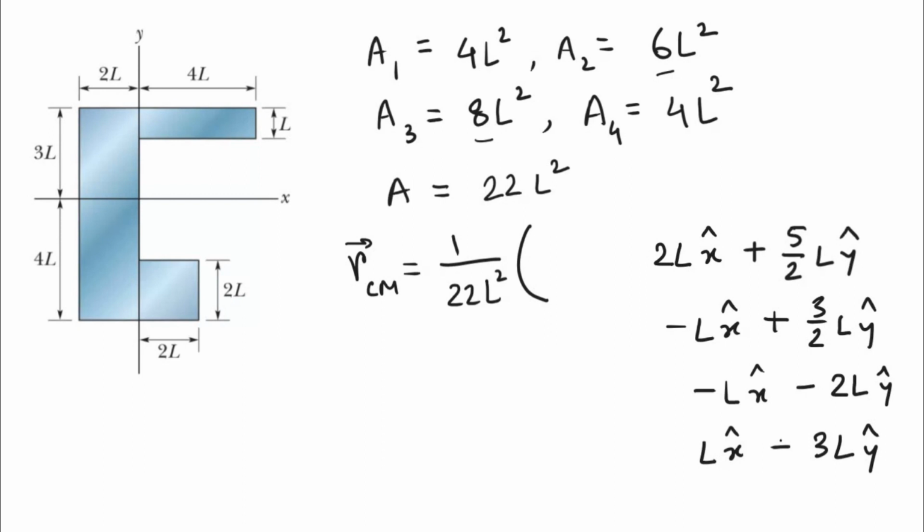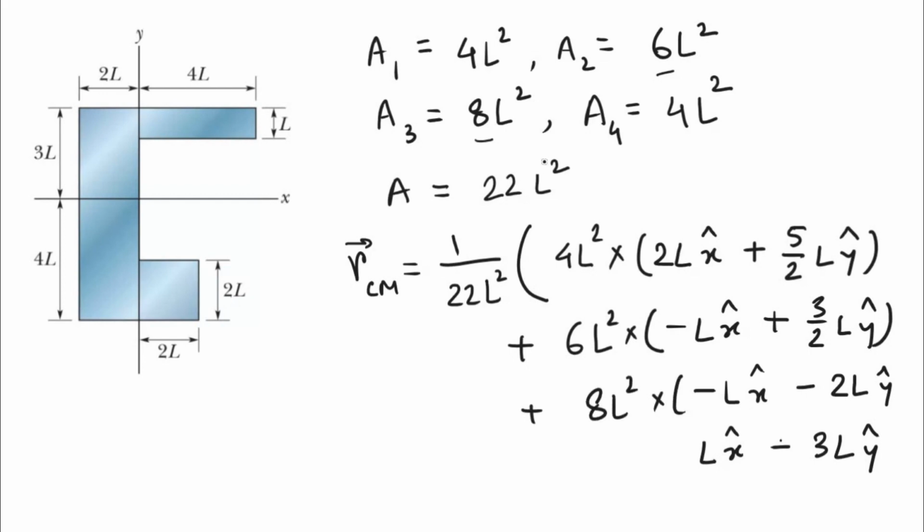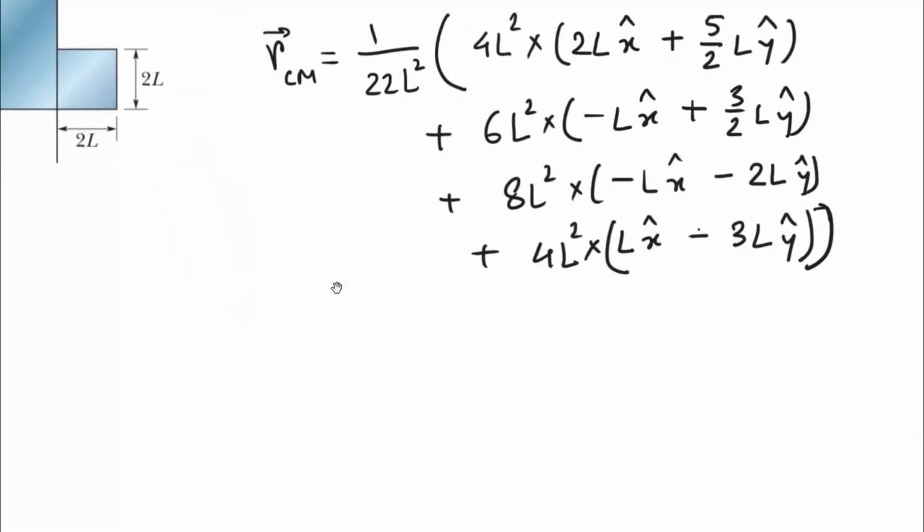So the first one would be 4L squared times R1, plus 6L squared times R2, plus 8L squared times R3, plus 4L squared times R4. Okay, so can we just simplify it? I think we can.